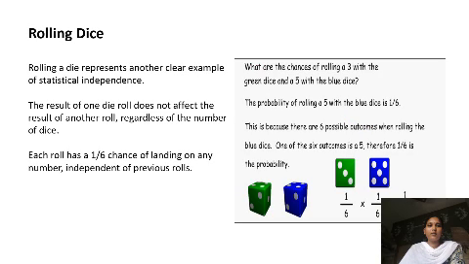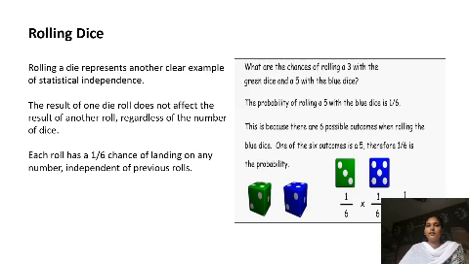Another example is rolling dice. Rolling a die represents another clear example of statistical independence. The result of one die roll does not affect the result of another roll, regardless of the number of dice. Each roll has a 1 by 6 chance of landing on any number, independent of previous rolls.